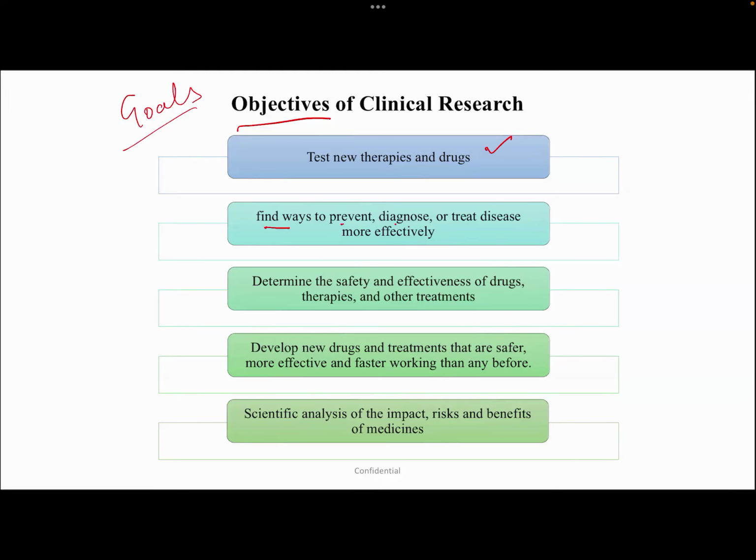Find ways to prevent, diagnose. Prevent means your vaccines. Diagnose means tests to diagnose the disease, is it TB, is it COVID, and the final action is to treat more effectively. Then we have to see whether it is safe and working well, that is effectiveness.